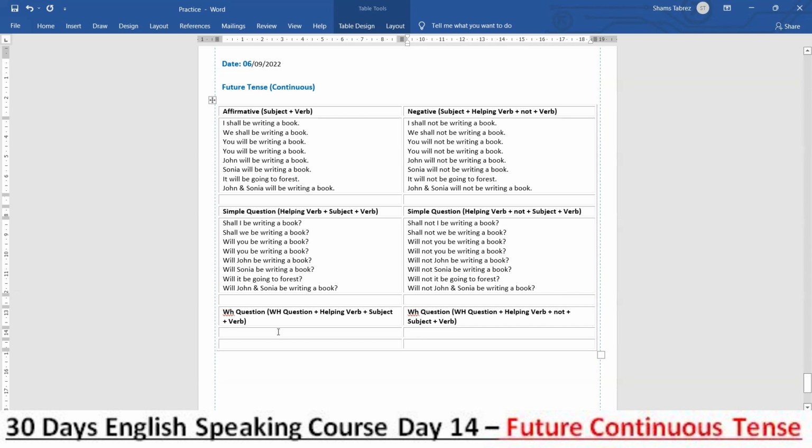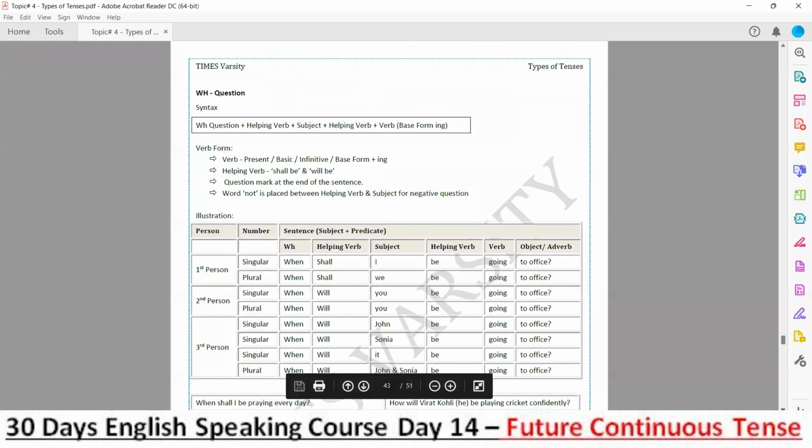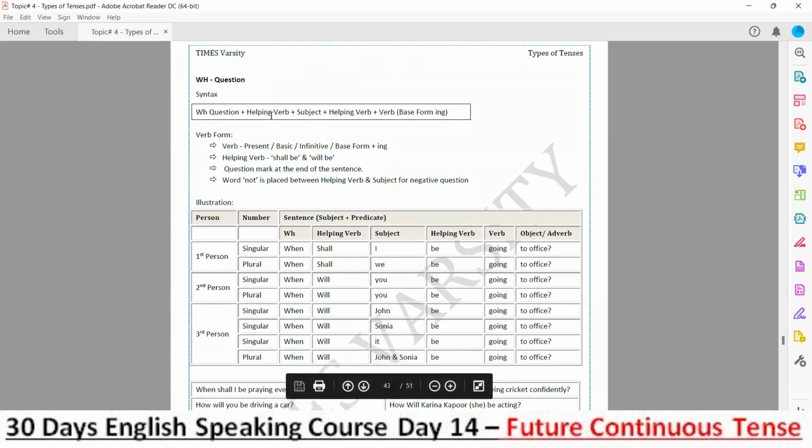Now let's discuss WH question. So here we have WH question as a rule. If we add a WH word in a simple question, it becomes a WH question. So WH question, helping verb, subject, then helping verb and verb, right? Verb form remains ing form.